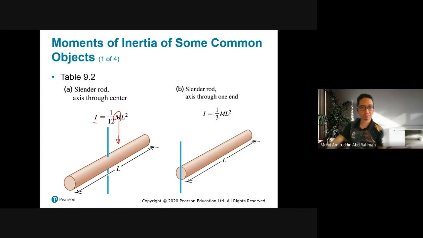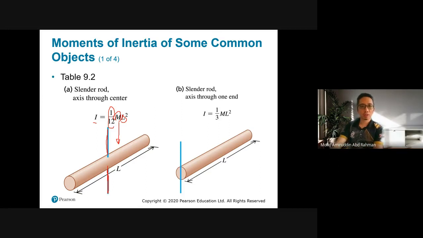The axis is through the center, so it is 1/12 m L squared, where L is the length of the object.